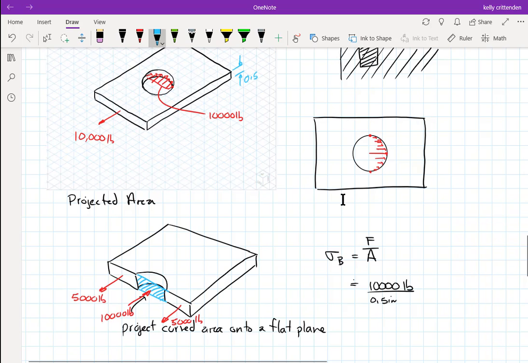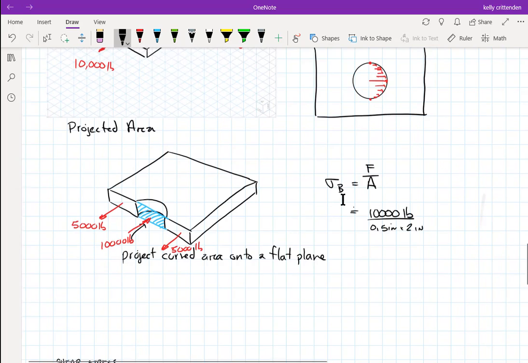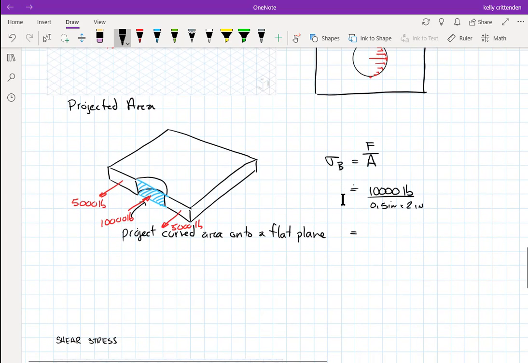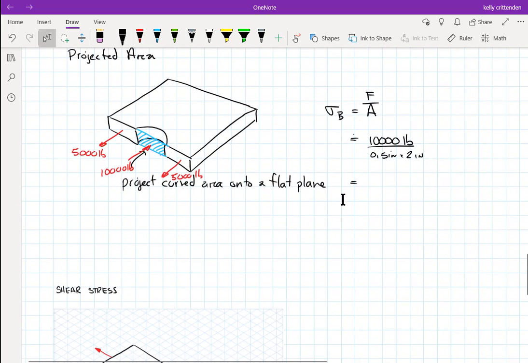And let's make this hole look like 2 inches. So put it over here. Remember, that's the little symbol for a diameter, so it's got a 2-inch diameter. Oh, well, yeah, that's just 1 in the denominator, isn't it? So 10,000 psi.